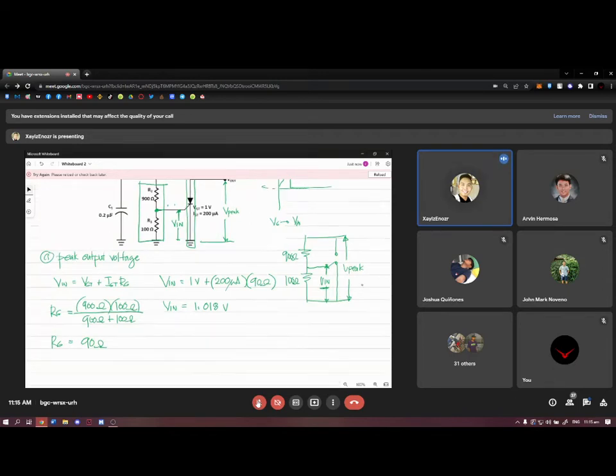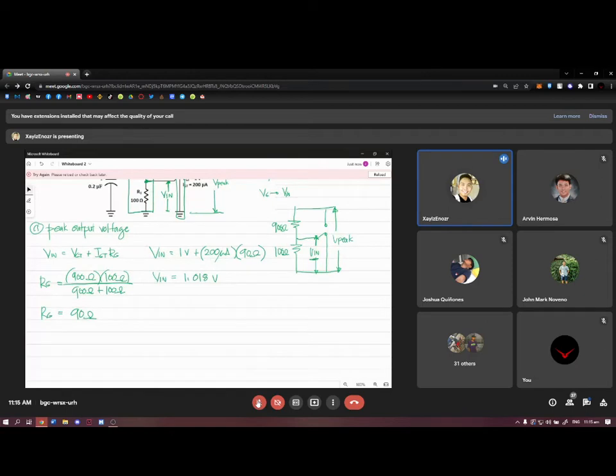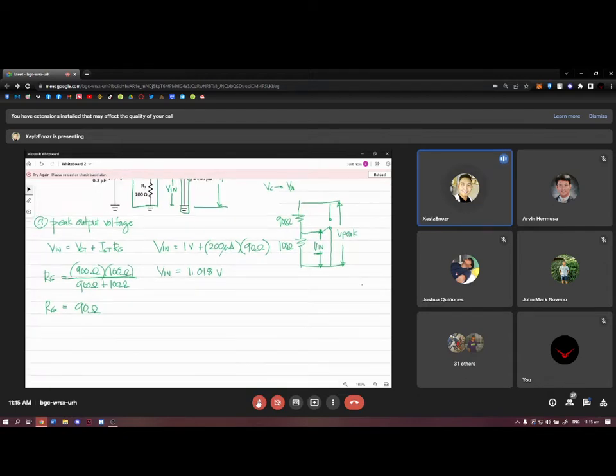So therefore, using voltage divider, V100 is equal to V peak multiplied by 100 ohms over 900 plus 100 ohms.